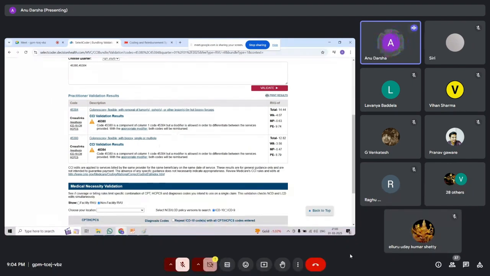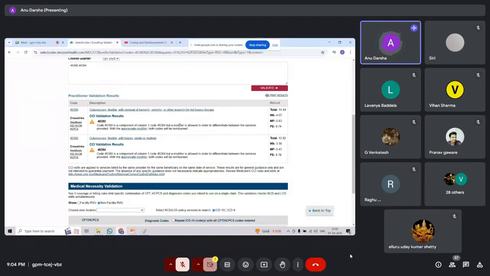For example, in my scenario, the physician has taken a biopsy sample of diverticulosis, and there was a polyp in the sigmoid or descending or ascending, whatever the area it is. There was a polyp also. So for that polyp they are doing hot biopsy polypectomy.